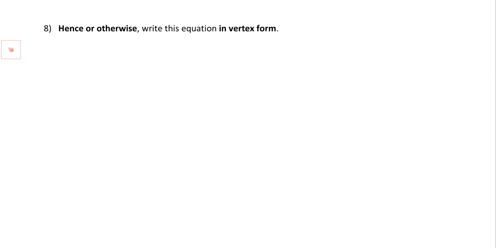So when it says hence or otherwise, it's giving you a clue that what you just did will help you, but you're not limited to that. There are other options. All right. Now you have just worked out that the vertex is negative 8.5, 10. Therefore, vertex form is a times x plus 8.5 squared plus 10, with the a.